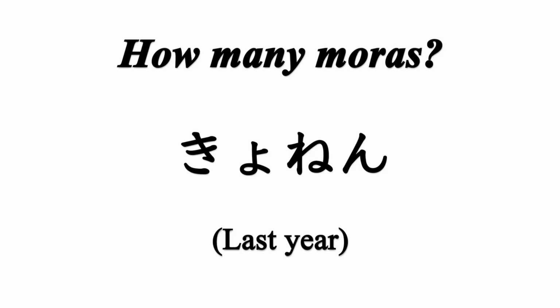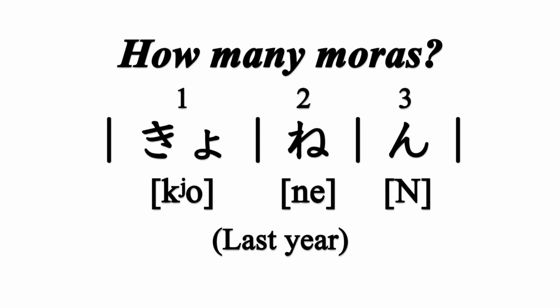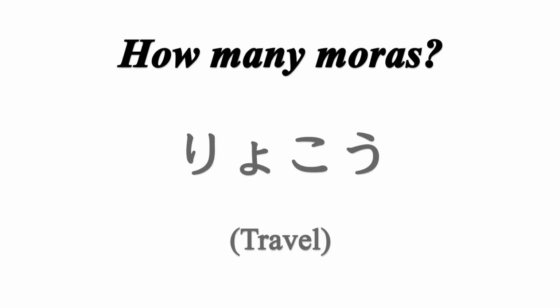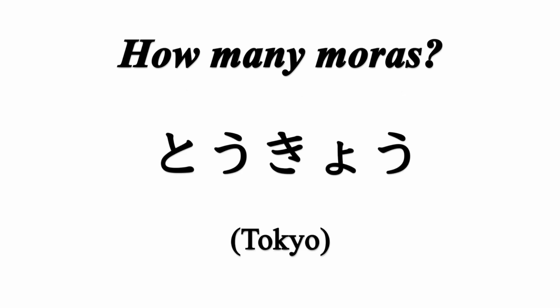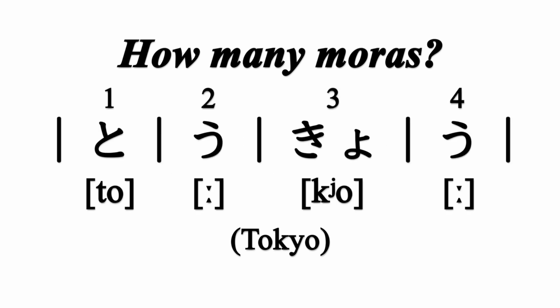Let's do a quiz. How many moras does this word contain? The answer is 3. 去年. What about this? The answer is also 3. 旅行. What about this? The answer is 4. 東京.